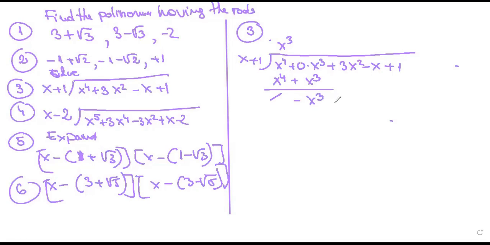You drop down the plus 3x squared. Minus x to the 3 divided by x becomes minus x squared. Minus x squared times x is minus x to the 3, and minus x squared times 1 is minus x squared. The minus x to the 3's cancel out, which then leaves you with plus 4x squared.